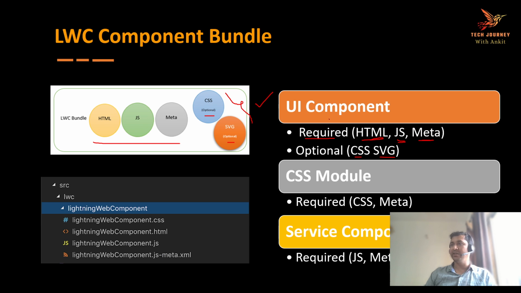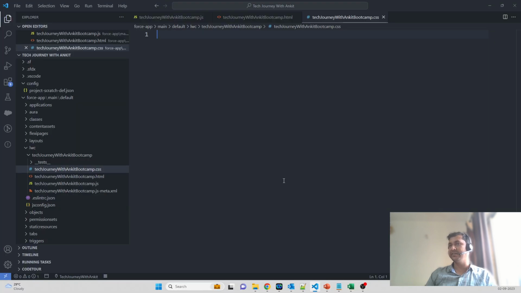Another type of component that you can create is the CSS module component. What is CSS module component? Whenever you want to share your CSS across the different components, then we create the CSS module component. In the CSS module component, we only need two files. One is the CSS file and second is the meta file.